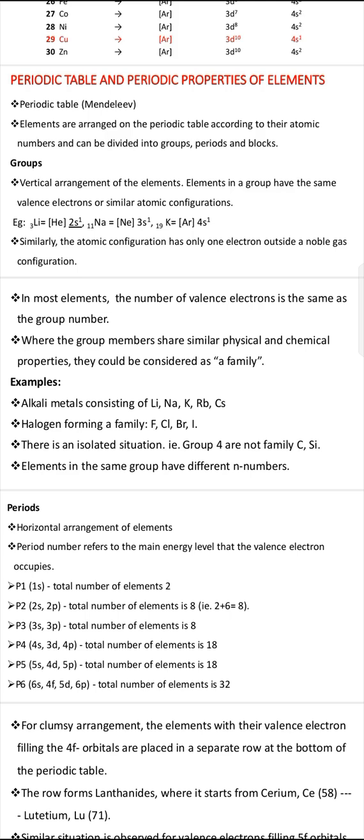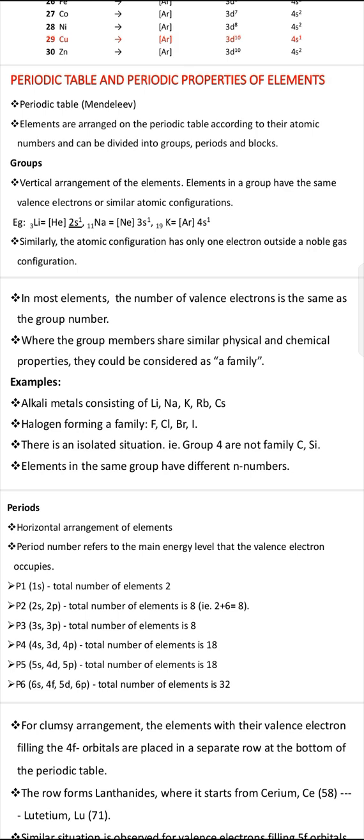The F block. So we have SPDF. In a question they can ask you which block is lithium.